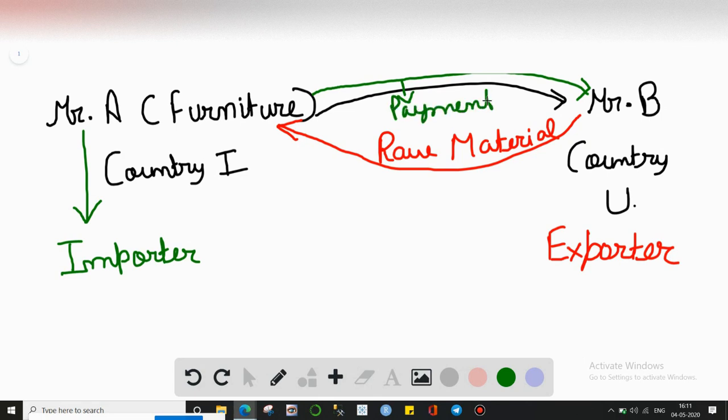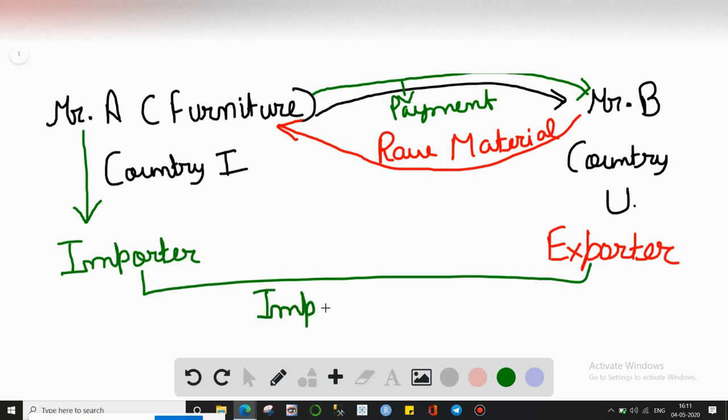This whole process is known as import export. Please write down this example for better future reference. Import export procedure.